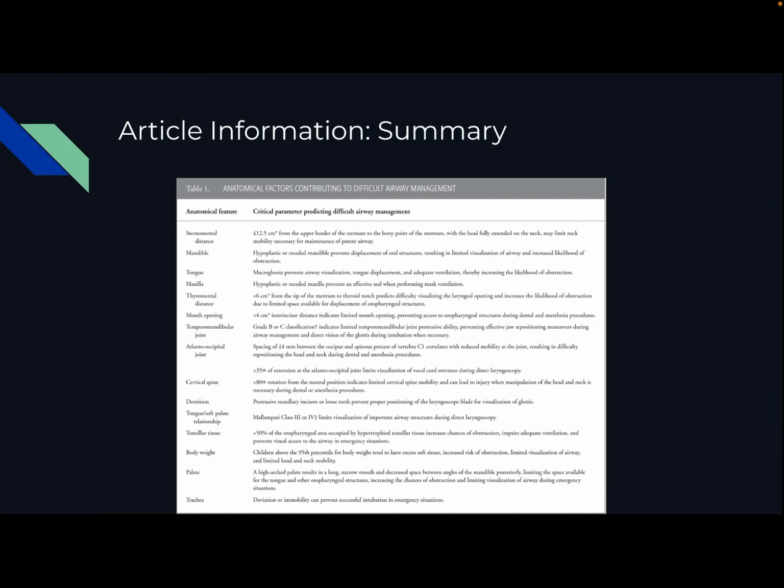For body weight, children above the 95th percentile for body weight tend to have excess soft tissue, increased risk of obstruction, limited visualization of the airway, and limited head and neck mobility.